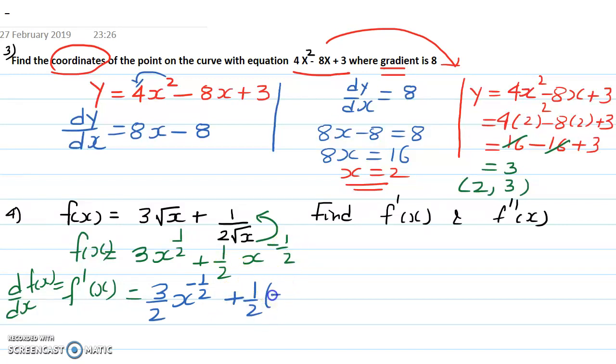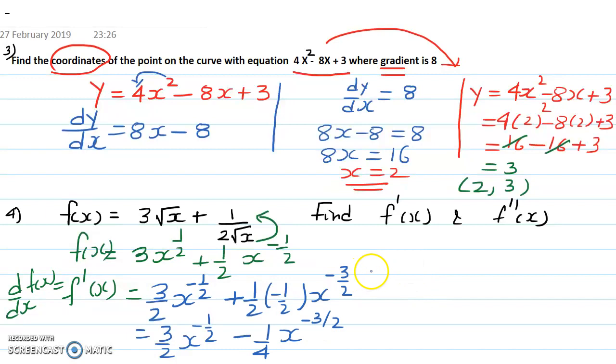This minus 1 by 2 is coming forward, and x to the power minus 1 by 2 minus 1, that is minus 3 over 2. So your final answer is 3 over 2 x to the power minus half plus, if you multiply, minus 1 over 4 and x to the power minus 3 over 2. Okay, this is our f dash x.